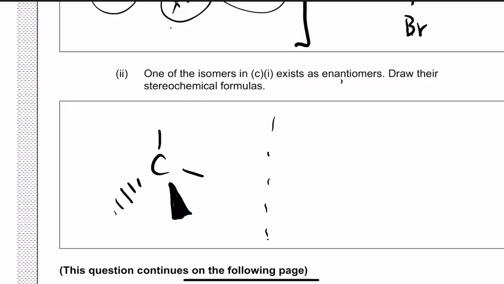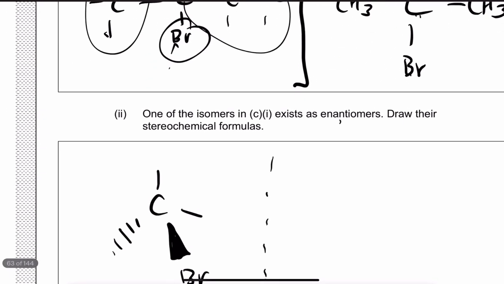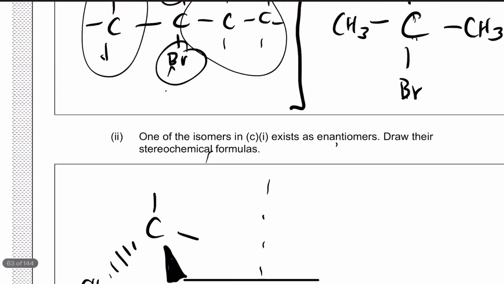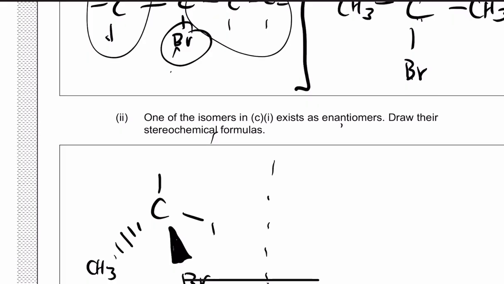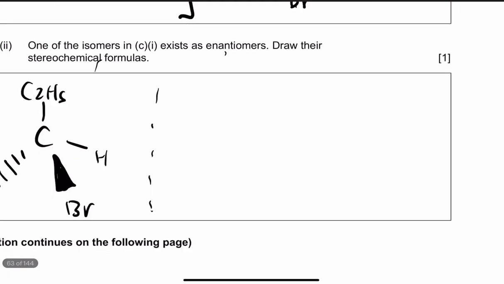We can have our bromine here, then our CH3 here, and our H here and our C2H5, or CH3CH2, here. And then the enantiomer will just be this.